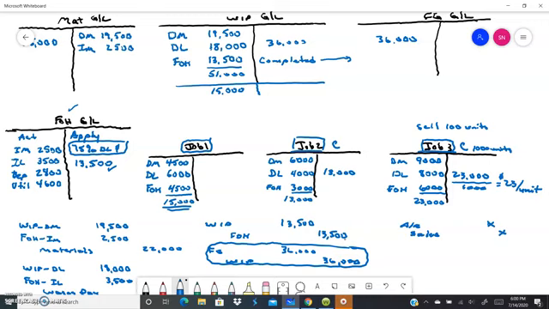Then, if we sold 100 of these, we'd have debit cost of goods sold for 100 times 23, 2,300, and credit finished goods, 2,300. So that would be the entry if we sold 100 units.